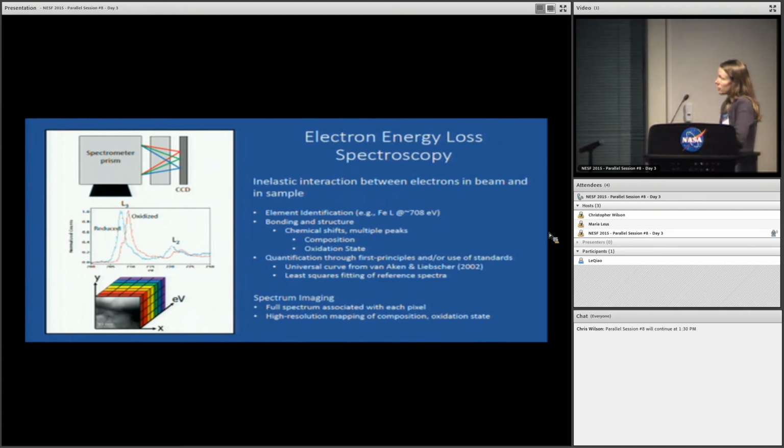And for the iron L edge that we look at specifically, it falls around 708, but shifts due to chemistry of the sample and the oxidation state. We're able to, both through some first principles but mostly through use of standards, relate that directly to the oxidation state. In general, for this first peak, it's shifted to slightly lower energies for reduced and slightly higher energies for oxidized samples.